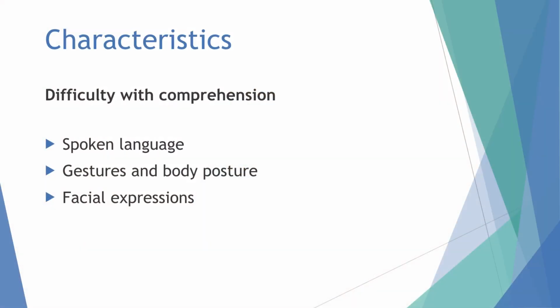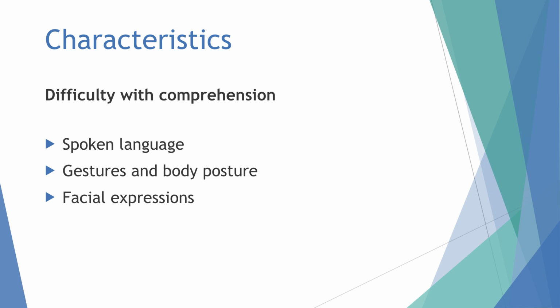So if we talk about the difficulty with comprehension, it can not only be spoken language, like what someone is saying to the child or what that child is saying to you, but also things like gestures and body posture. People that are doing different things. We're going to talk about this in a minute on theory of mind, where like someone looking at their watch can kind of be giving this social cue that I want to be finished with this conversation right now.